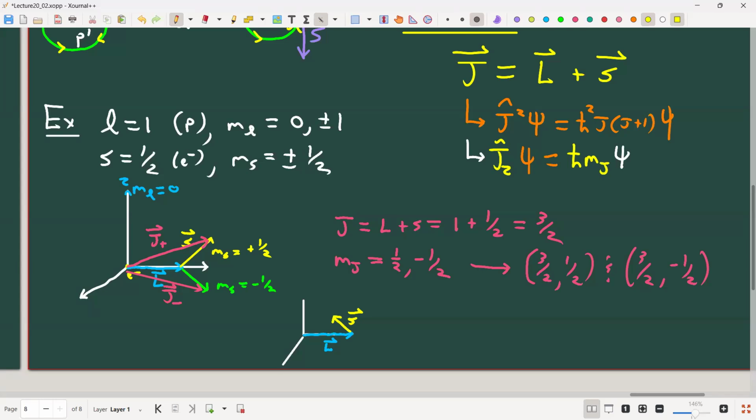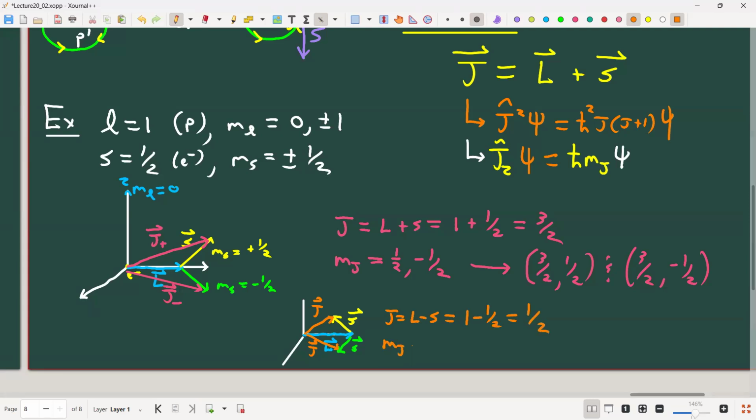So there's another option, which is adding L to the backwards S. And then we form two new J vectors. And what are these values? Well, here J is equal to L minus S, which is 1 minus 1/2, which is a half.